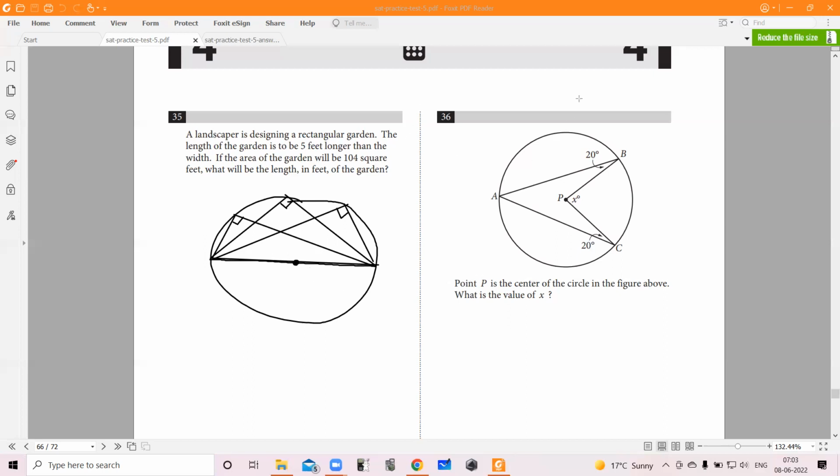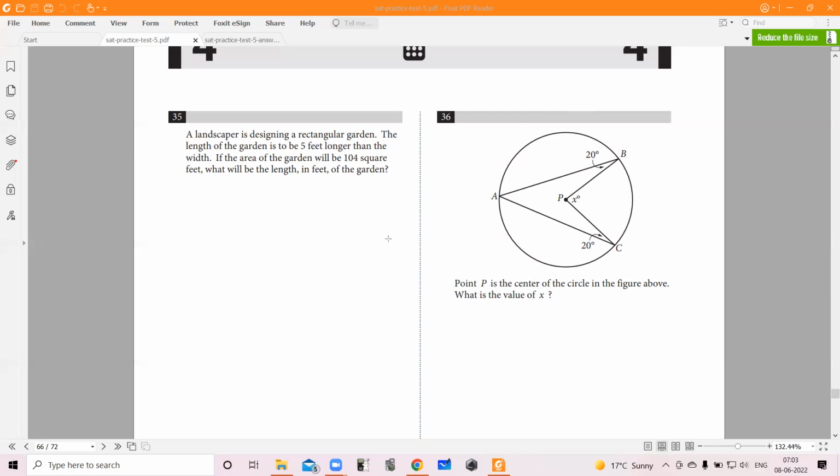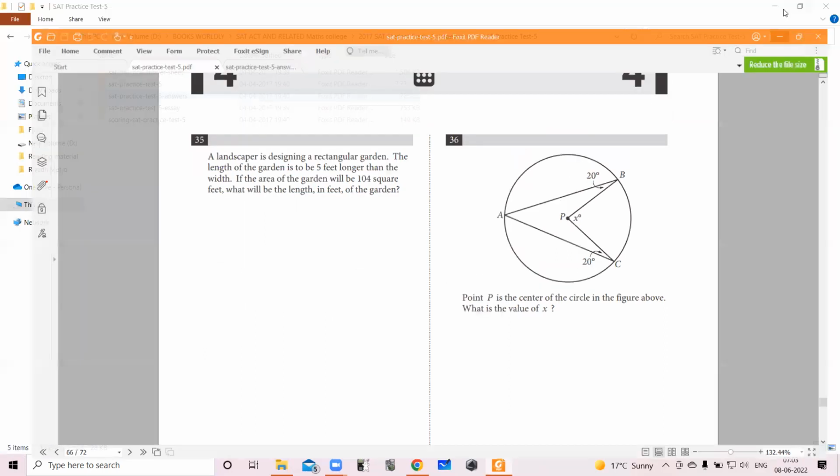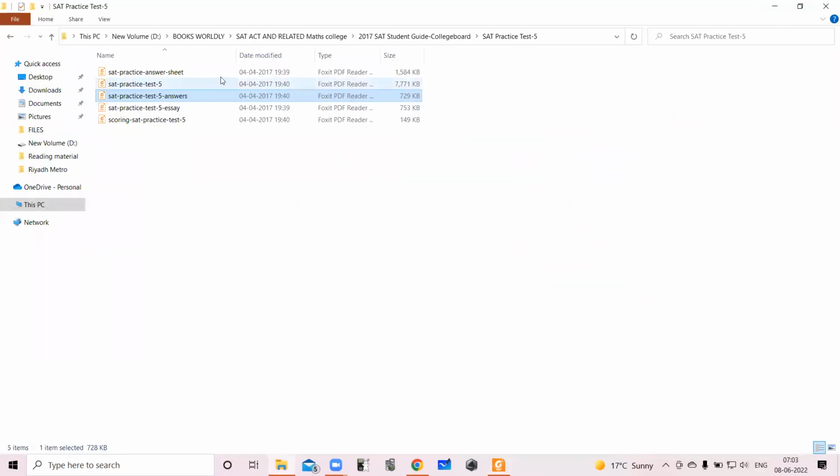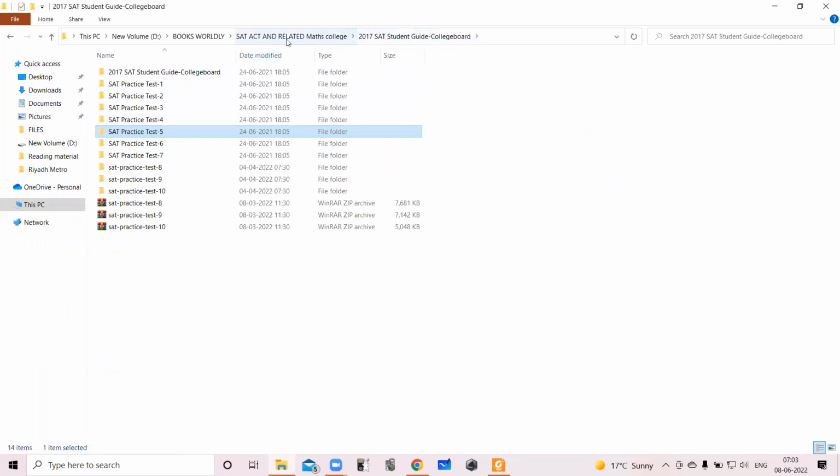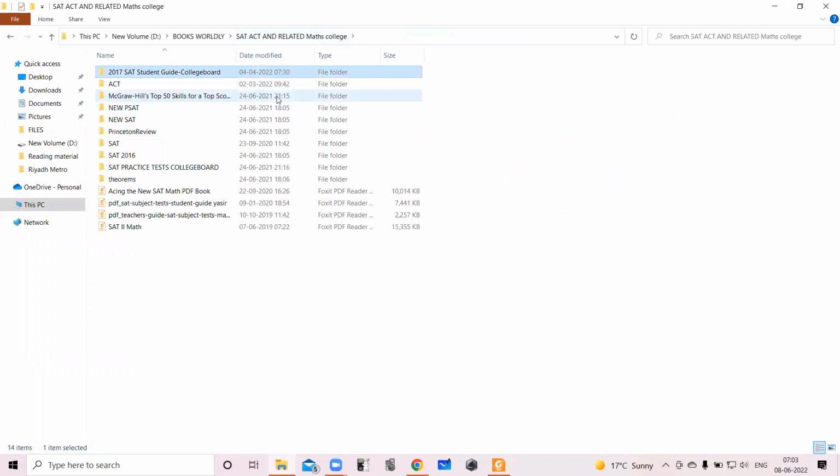So you have done only this test paper? This was the only one that I did over the week. Okay. And can we do some questions which seem to be a little bit harder? Yes.